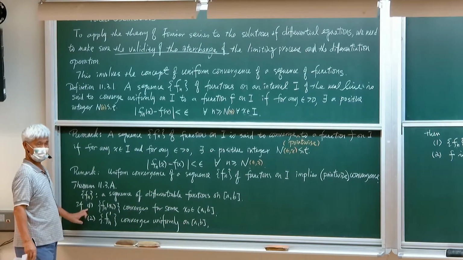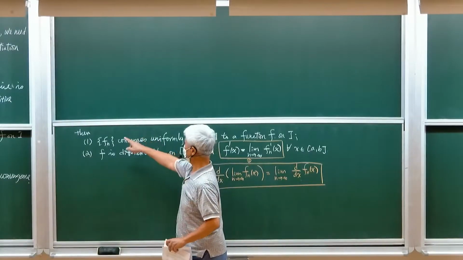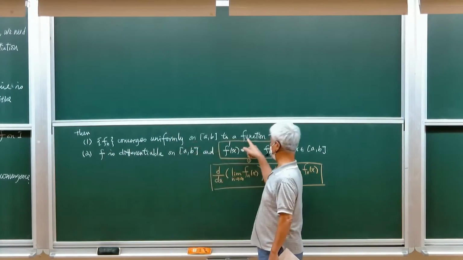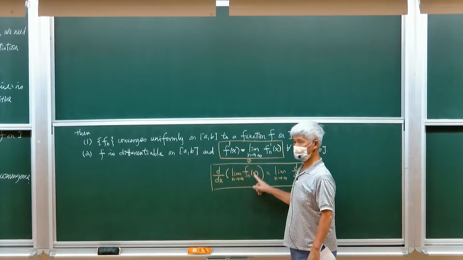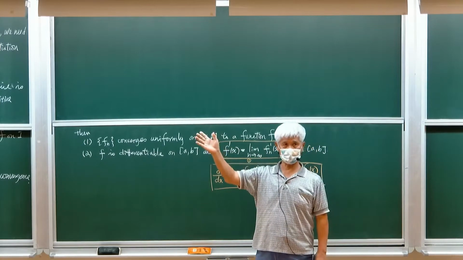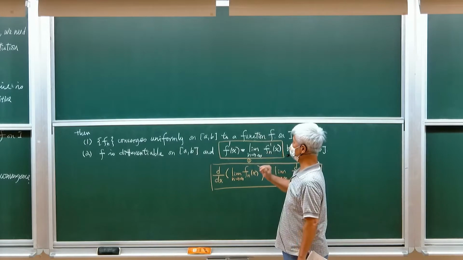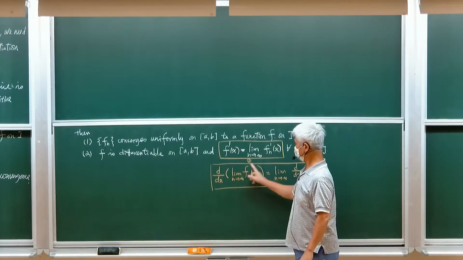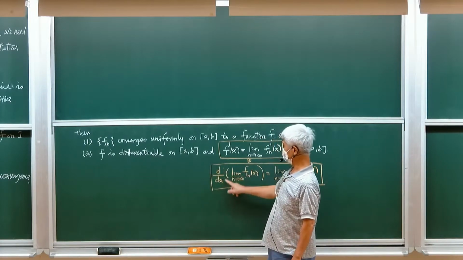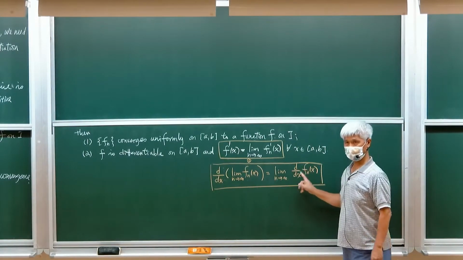Under these two conditions, the original sequence f sub n converges uniformly to a function f, so this limit exists and the limiting process is uniform. And when we take the derivative of this limit, it is equal to the limit of the first derivative.